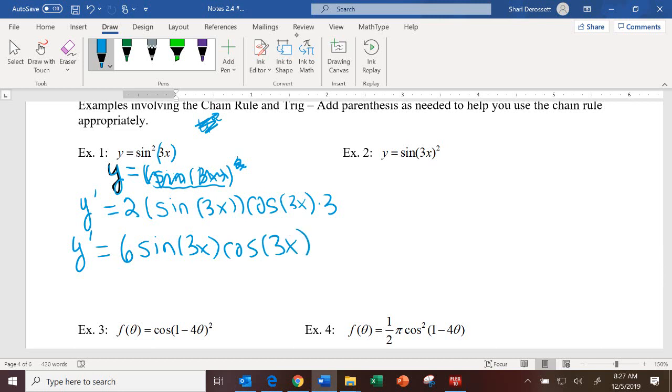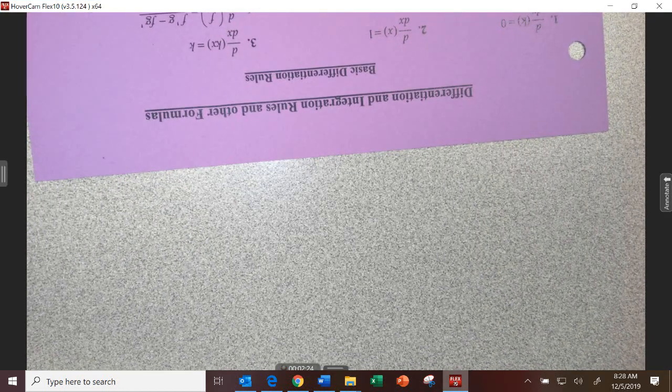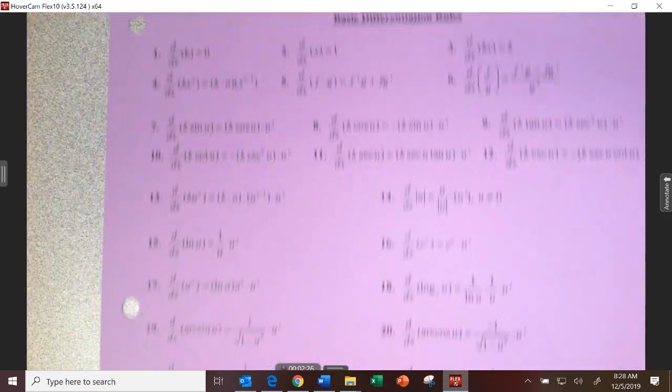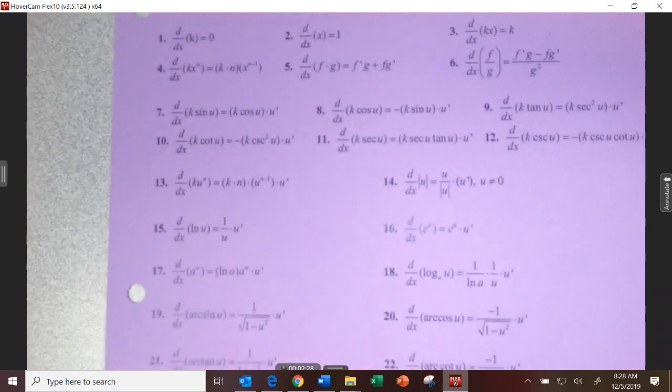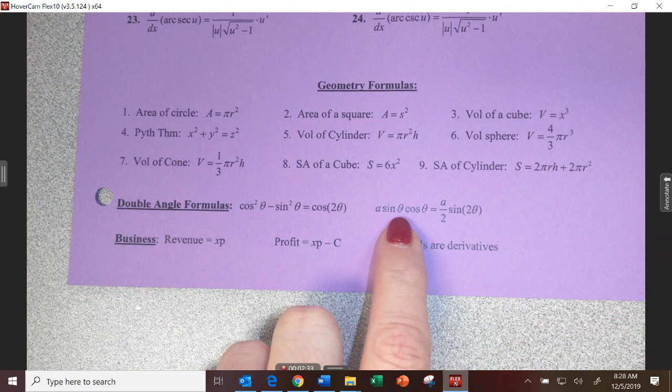Now, do you know of something else we could do with this? Let's look at our formula sheet, our purple sheet. If you look at the purple sheet under our double angle formulas, do you see how down here we have this formula for the double angle formulas?